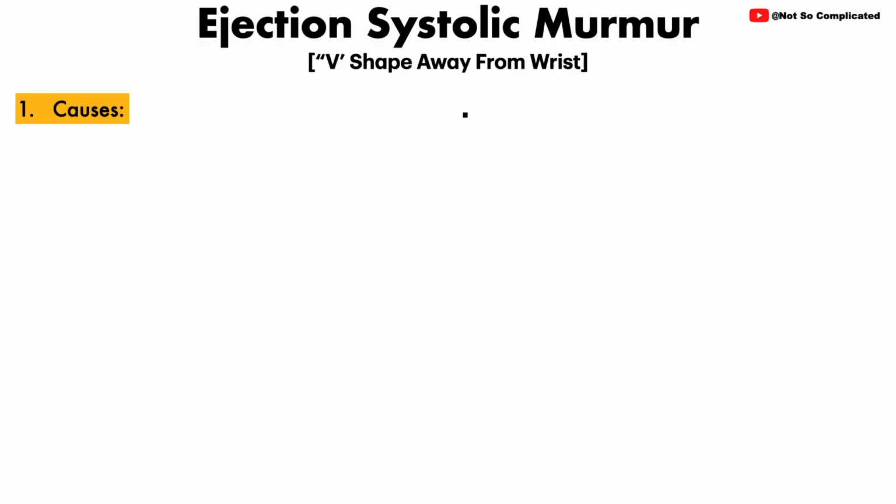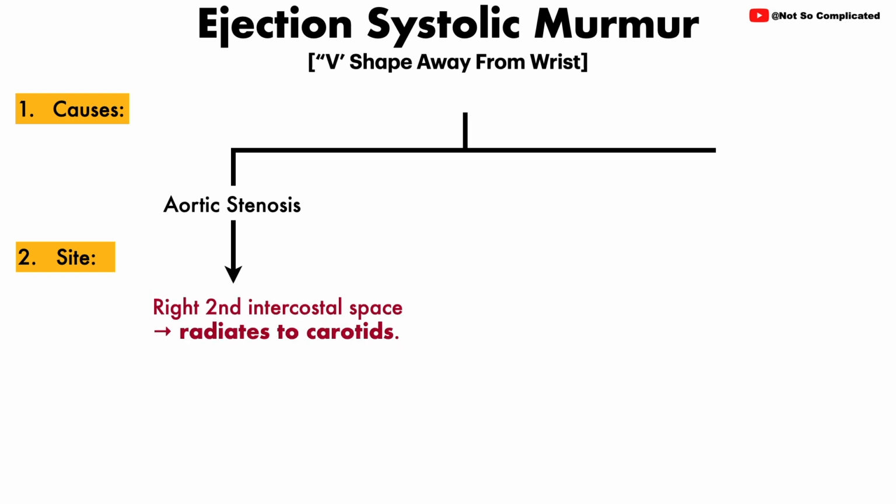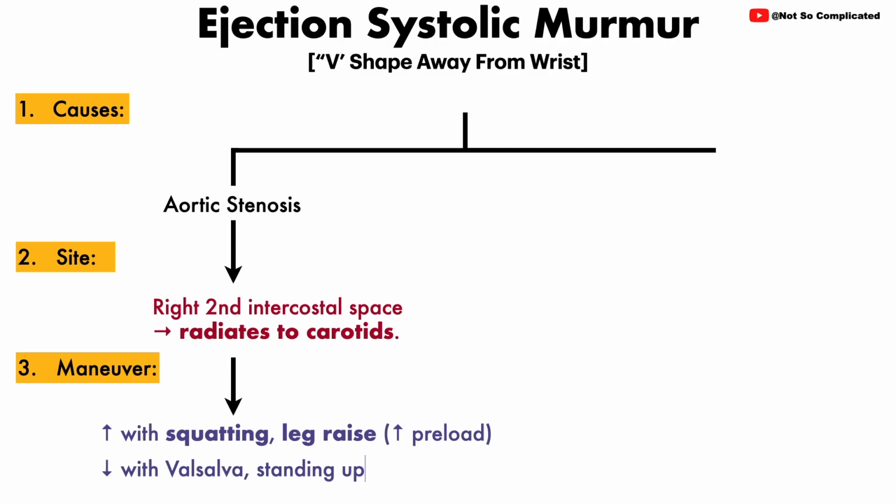There are two different causes, and the first one is aortic stenosis. The site to hear that murmur is the right second intercostal space, and it radiates to the carotids. The maneuver to hear this murmur loudest is squatting. You squat or leg raise to increase the sound of the murmur by increasing the preload.